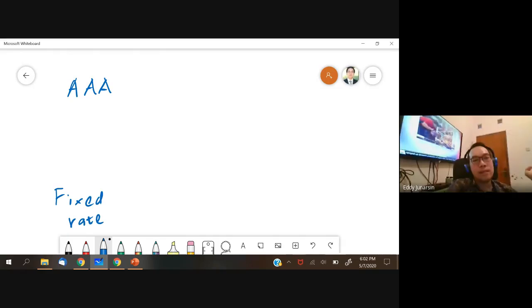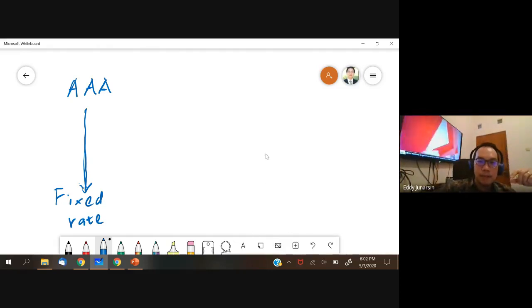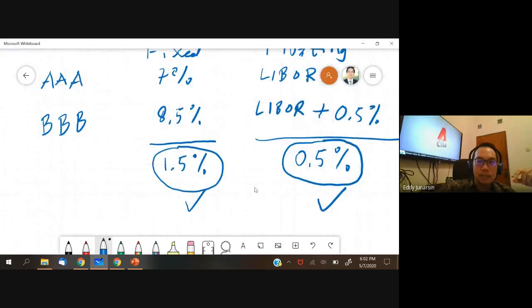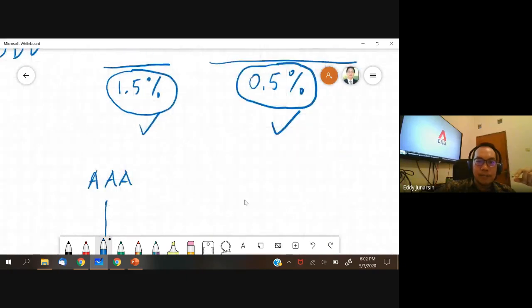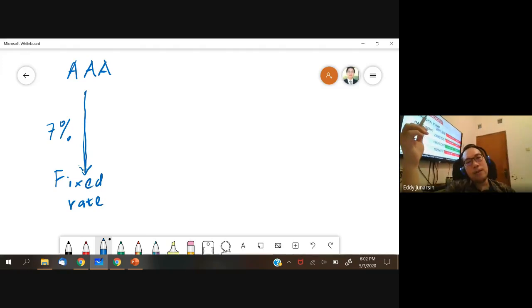It borrows money, and the triple A firm has to pay, how much is that again? The triple A firm has to pay 7%, right? So the triple A firm had better issue the fixed rate bond, and you have to pay like 7% a year.